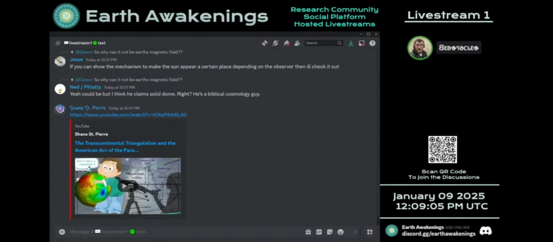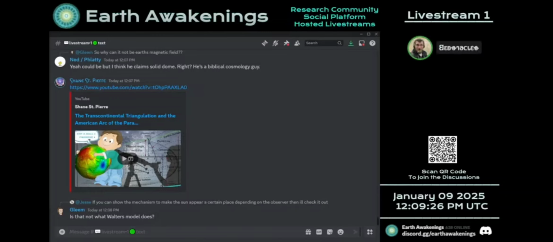Okay, now what does the globe claim after a mile? How many inches of curvature should there be? And there's none. It's not enough. Even if you ignore the error correcting feature on a theodolite or total station or whatever instrument you're using, you're only going to have an inch deviation.